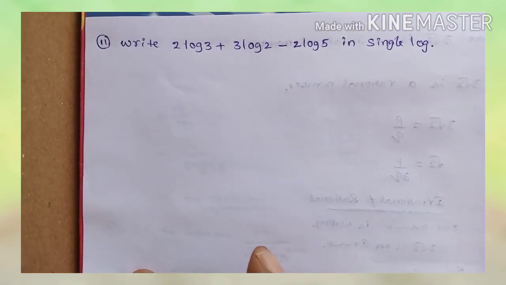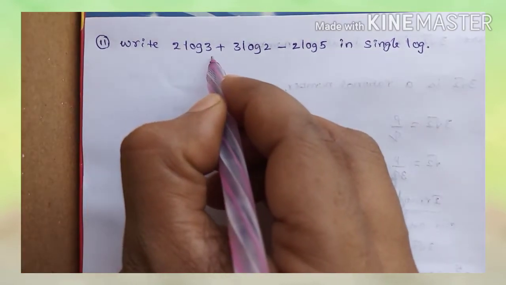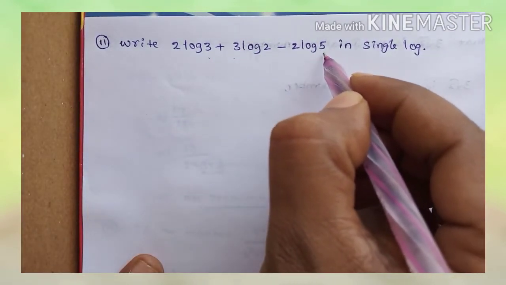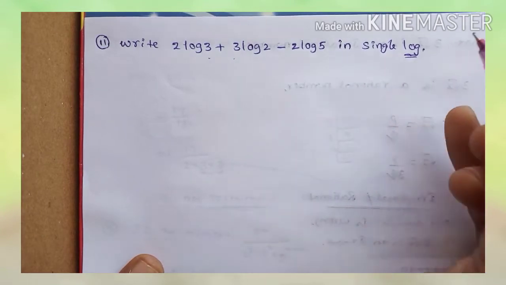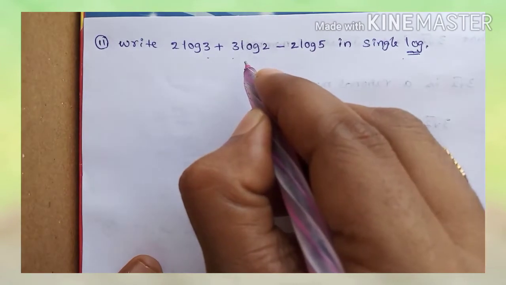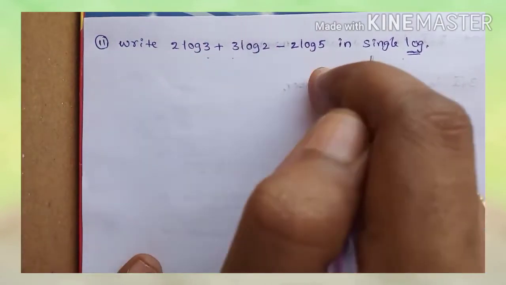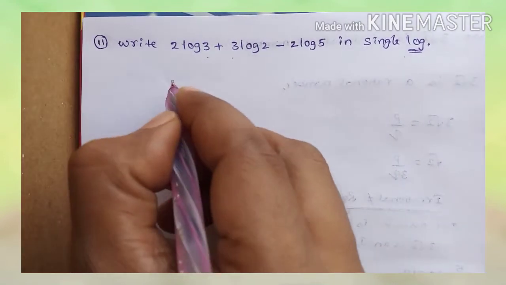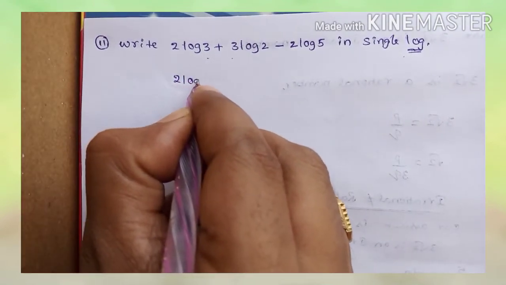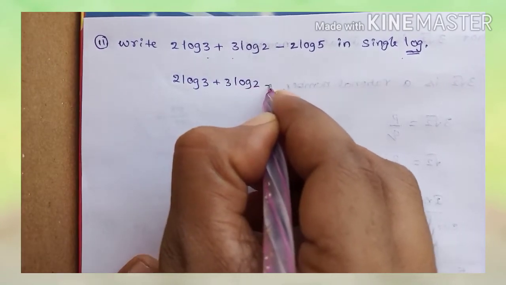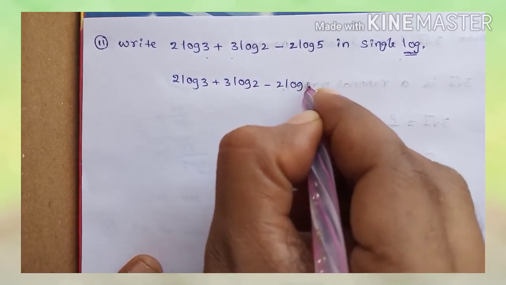Now the next problem is 2 log 3 plus 3 log 2 minus 2 log 5, write in single log. In the previous problem, given a single log we expanded. In this problem, given the expanded form we have to write it in a single log. Okay, let's see, the given values are 2 log 3 plus 3 log 2 minus 2 log 5.